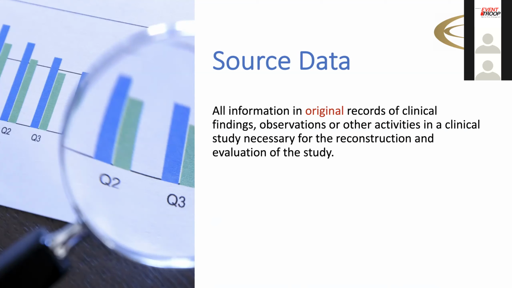So what is important is that source data are the original records. Whatever the original records, the original clinical findings are, that is source data. Now this is a definition from section 1.51 of GCP. So I want you to remember source data: original records of findings.